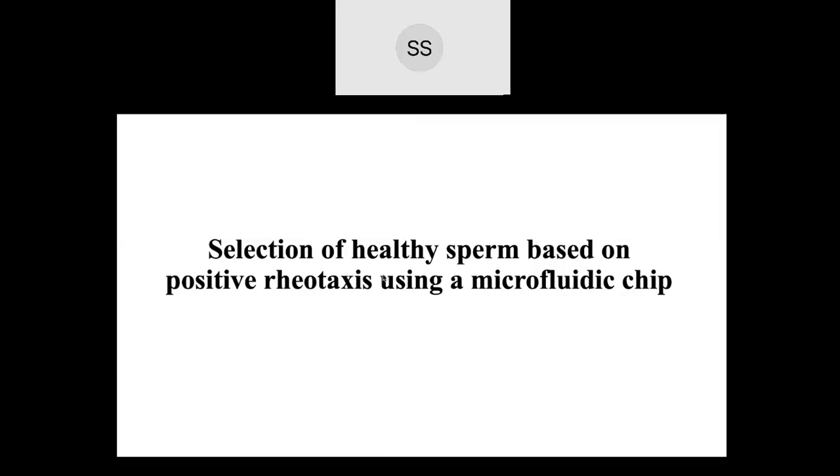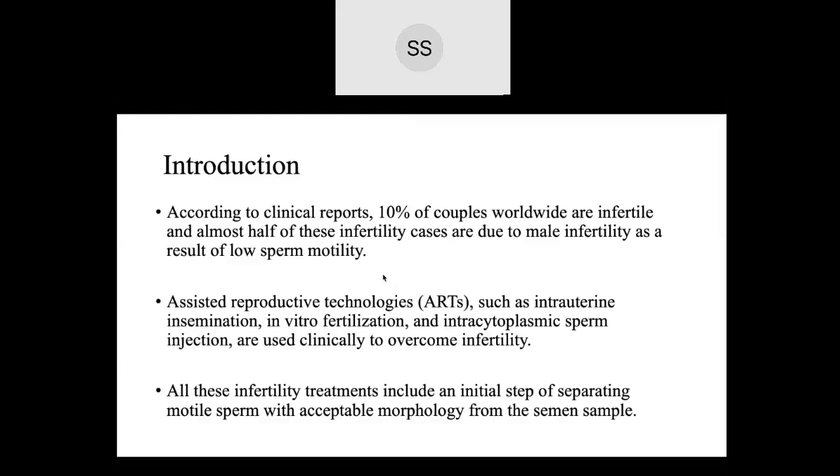So the fourth project I'm working on is selection of healthy sperm based on positive rheotaxis using a microfluidic chip. Talking a little bit about the background, according to clinical reports, 10% of couples worldwide are infertile, and almost half of these cases are due to male infertility factors. It could be due to low sperm count, low sperm motility, or a higher percentage of DNA fragmentation in the sperm cell.